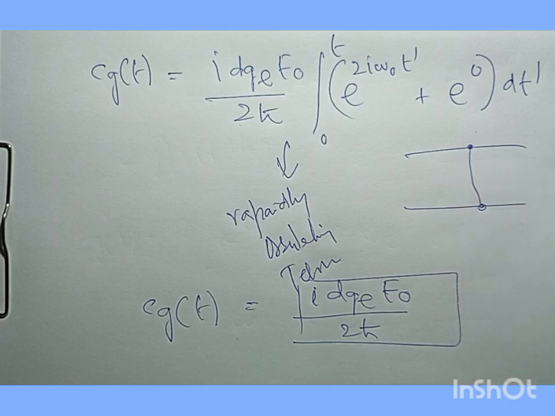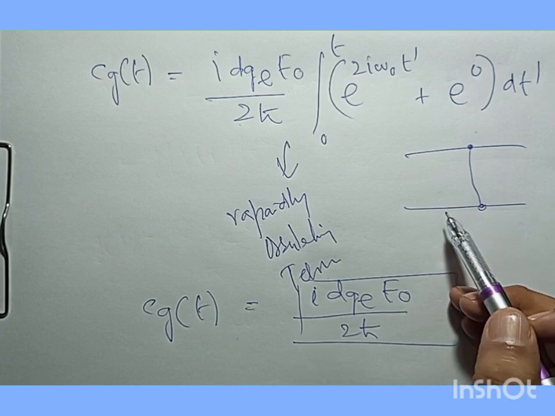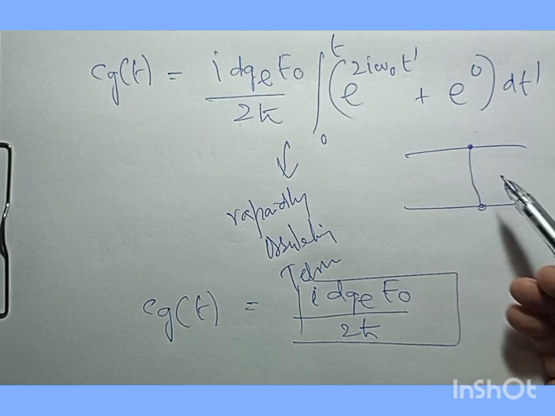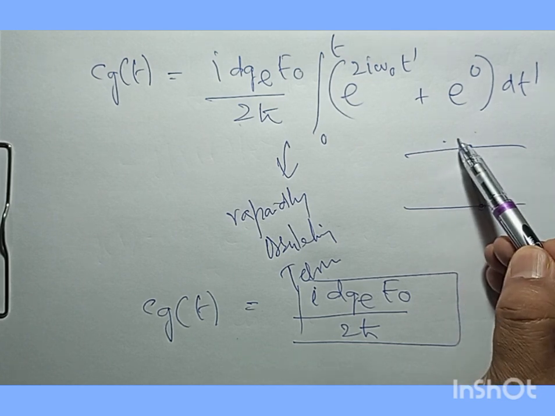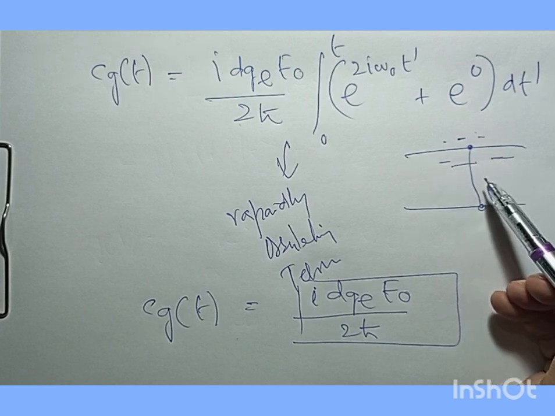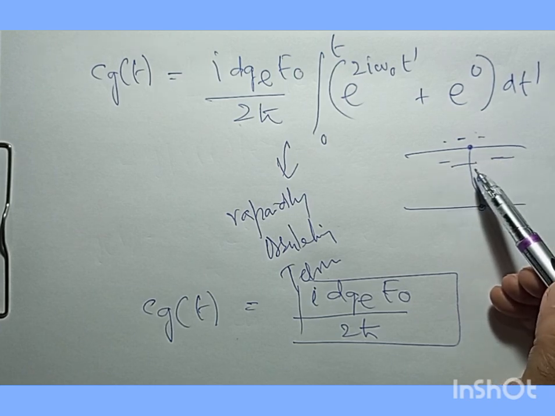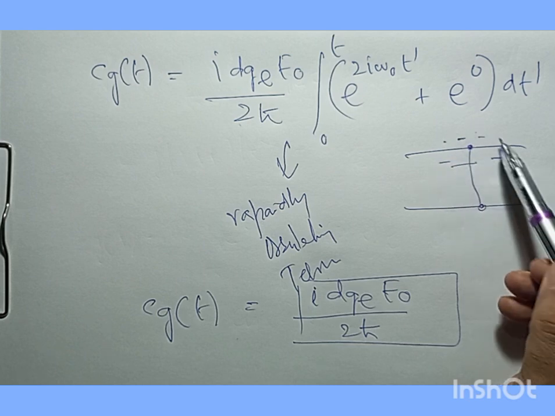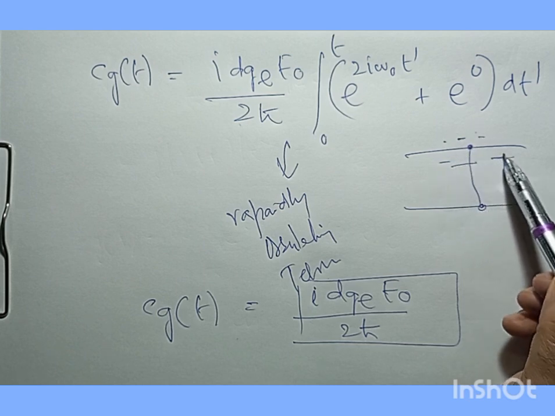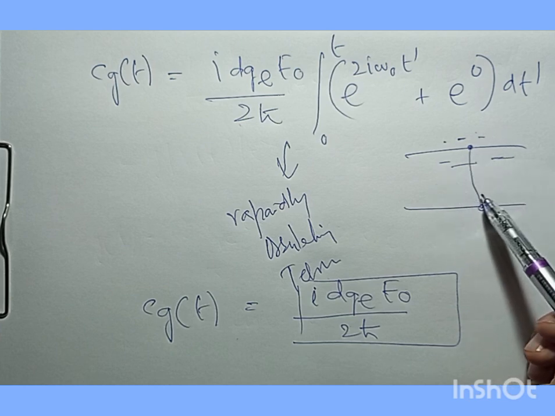And if we talk about the same problem from the quantum field theory point of view, the electromagnetic field contains zero-point fluctuations, which can induce transitions even in the absence of an external field. This is why spontaneous emission can occur.